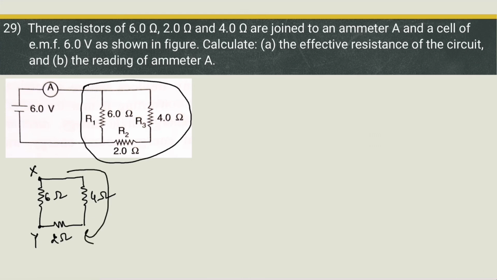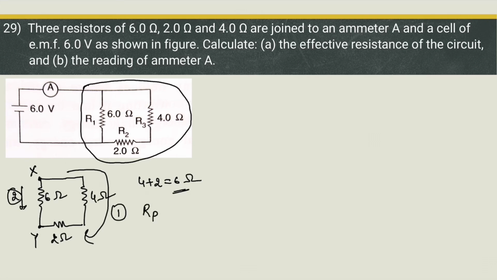There are two paths to go from X to Y. This is path number 1. This is path number 2. Equivalent resistance on path number 1 is 4 plus 2, 6 ohm, because 4 and 2 are connected in series. Now this 6 ohm is in parallel with another 6 ohm.